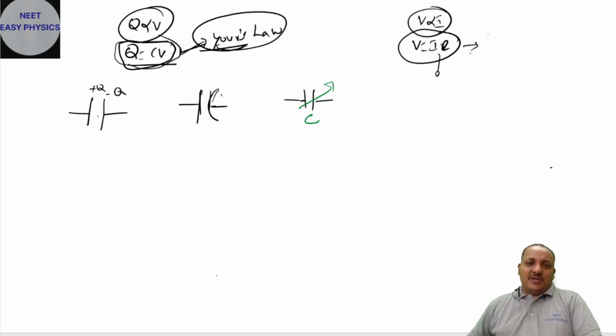Now, what is the capacitance of this parallel plate capacitor? How are we going to get it? They are going to take two metal plates like this. One is given positive charge plus Q, another one is given minus Q. For the positively charged metal plate, what is the direction of the electric field?